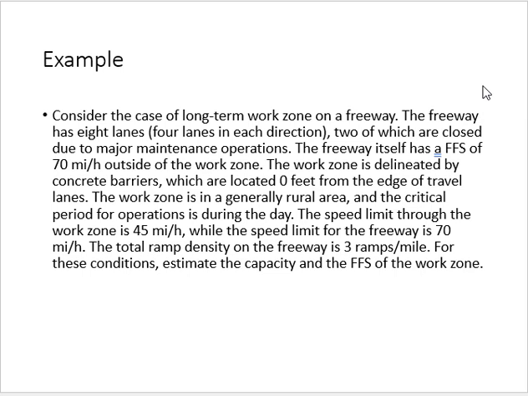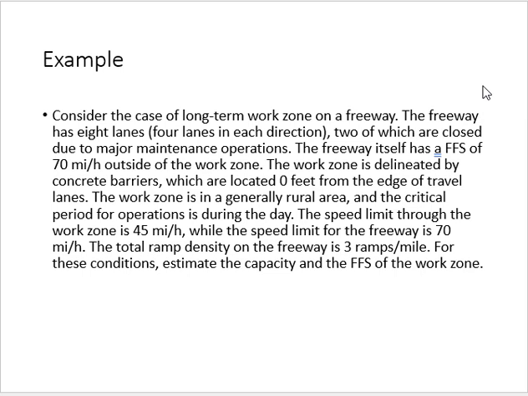Critical period of operation of traffic is day. This was what I was referring to earlier. Okay. Critical for who? Critical for us. Okay. Speed limit of the work zone 45. Okay. The normal speed limit 70. Okay. Total ramp density 3 per month.